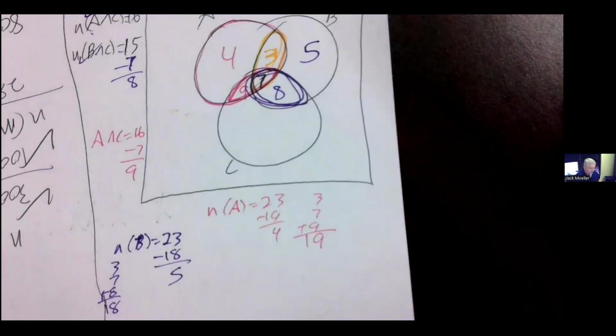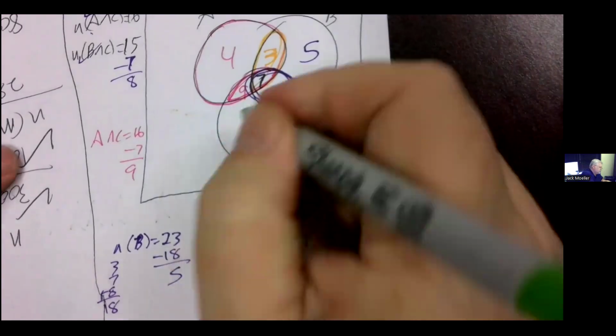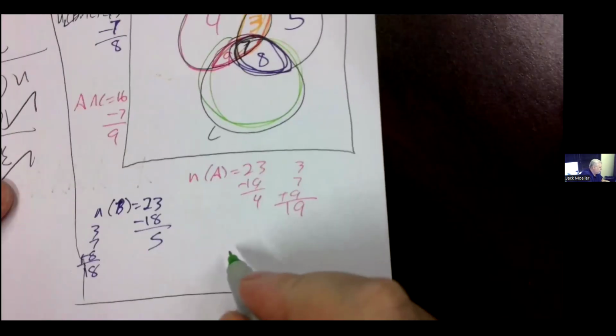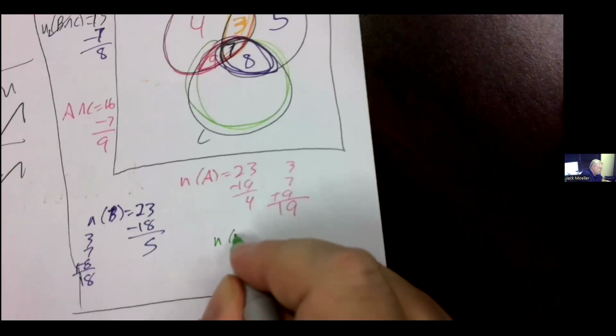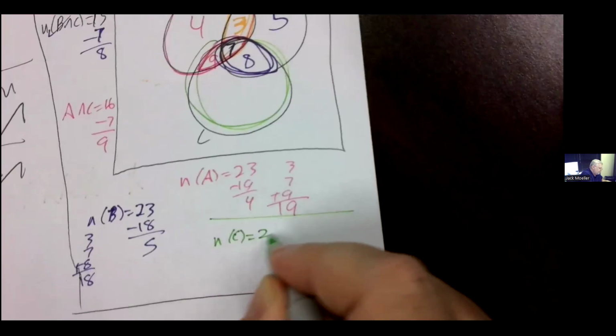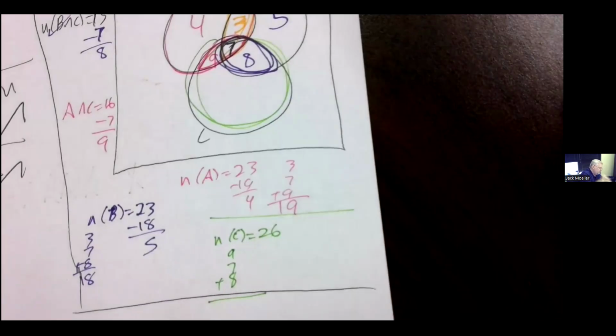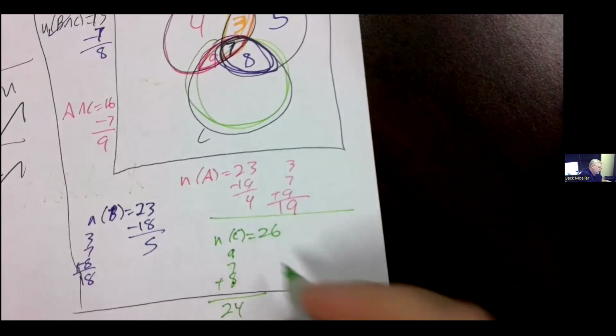And then finally, we do the same with C. C is this whole circle. So we know the number of elements in C is 26. We've accounted for 9, 7, 8, which is what, 21? No. 16 and 8 is 24. So of the 26, we've accounted for 24.